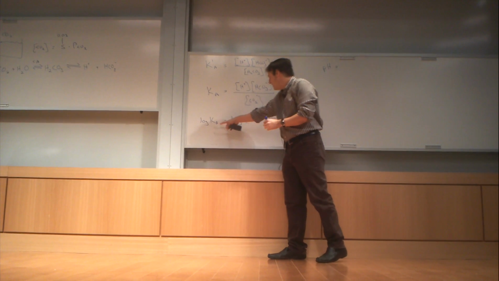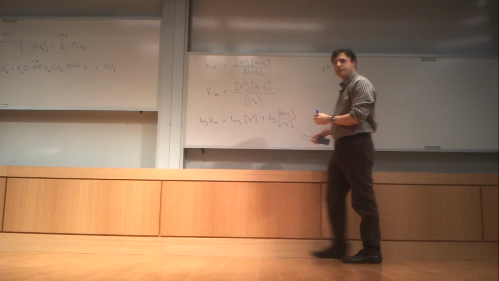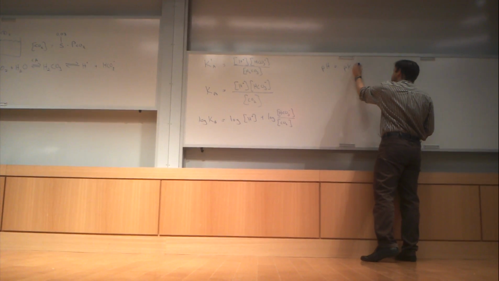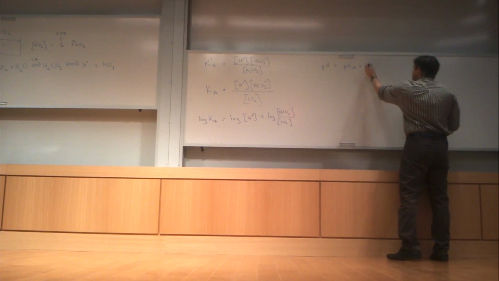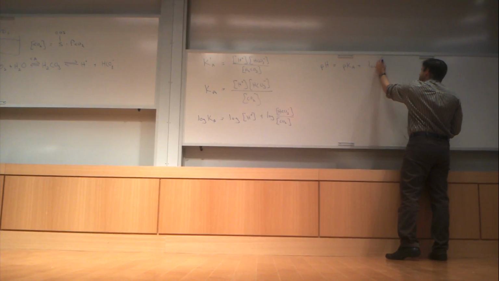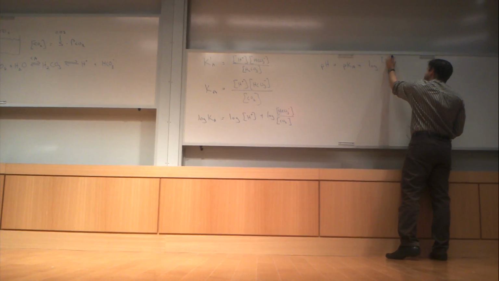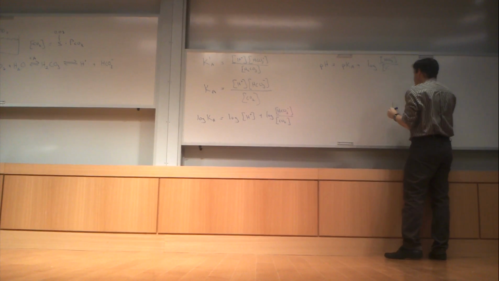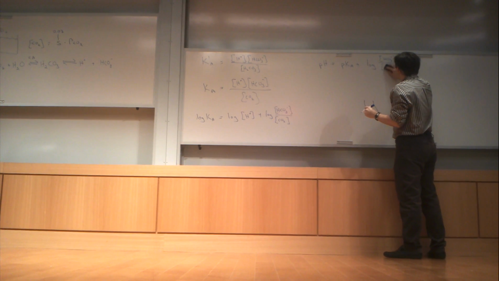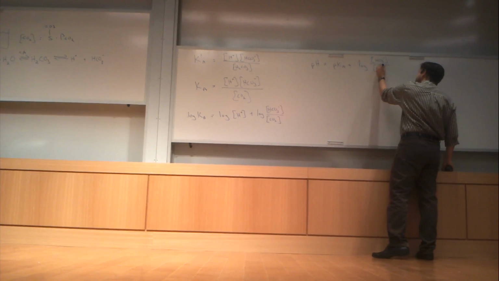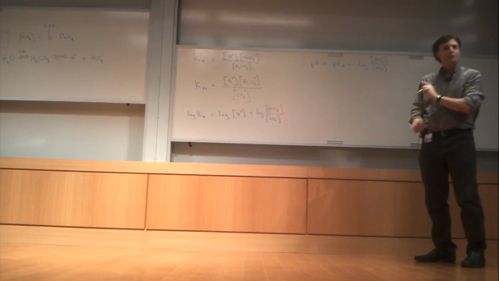And if I have a negative log Ka on the right, well, I can call that pKa plus the second half of that, the log of the bicarbonate over the hydrogen ion. No, the CO2, sorry. All right, almost there, right?